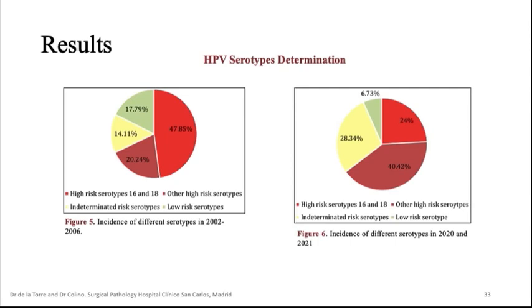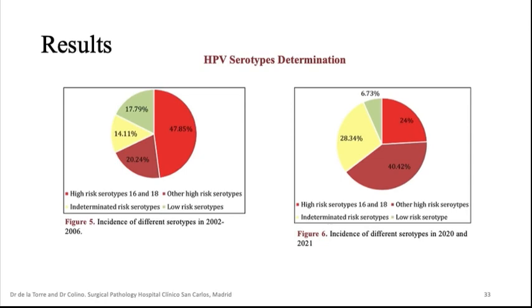We make a distinction between usual high-risk serotypes 16 and 18, which in the first time interval caused 47% of the lesions compared to 44% in the last period analyzed, and other less frequent high-risk serotypes, whose incidence varied from 20% in 2002 to 2006 to 40% in 2020 and 2021.